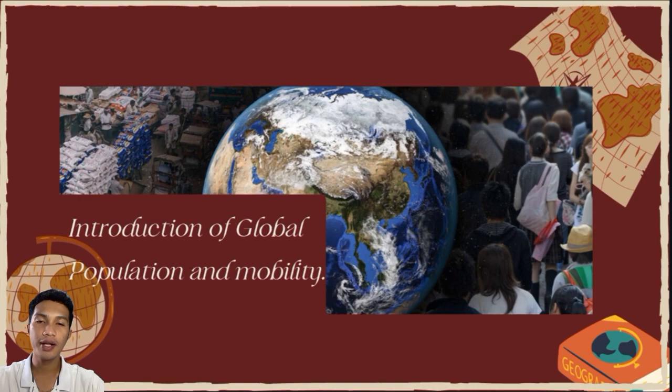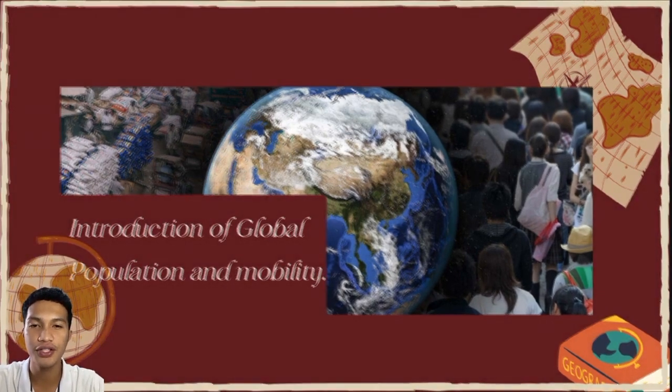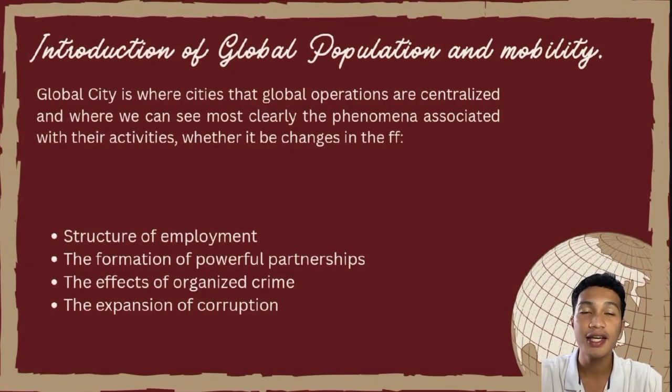What is a global city and how does this relate to global population and mobility? A global city is where global operations are centralized and where we can see most clearly phenomena associated with the activities, whether it be change in the structure of employment, the formation of powerful partnerships, the effects of organized crime, the expansion of corruption.